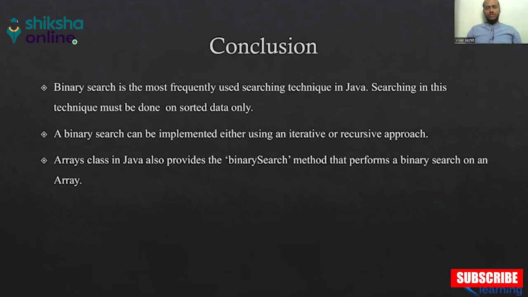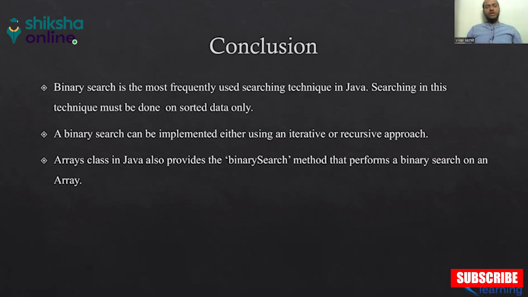Iterative goes from one point to another, like low plus high divided by 2 gives mid, and it will search there. If it is not there, it will move to the right or left based on the input value. The recursive approach is that the method runs in itself. The recursion happens until the result is found.